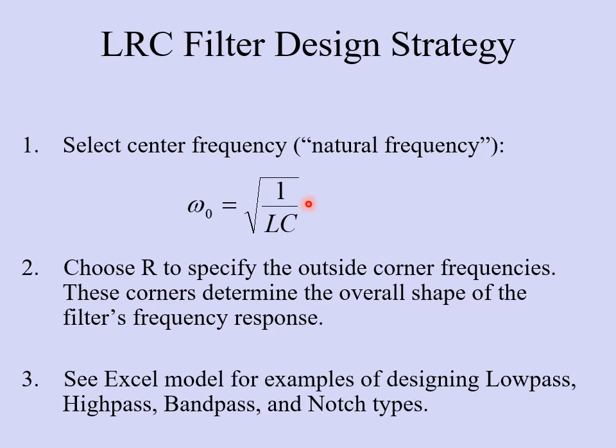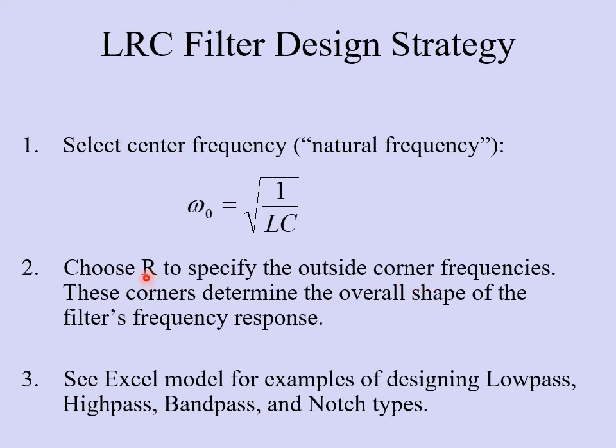So you want to pick a center frequency that is in the audible frequency range. I would recommend something around 500 to maybe 1,000 hertz as a good frequency to use for your corner frequency. And then you can choose R to specify the outside corner frequencies.